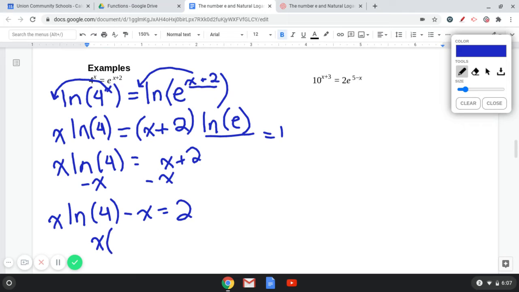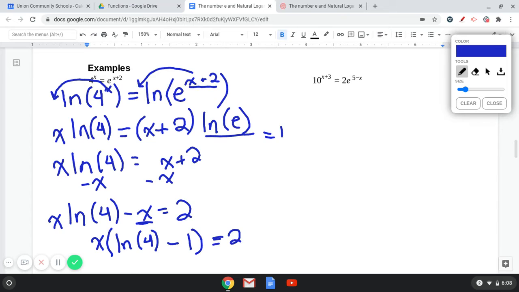So if I factor an x out of this first term, I'm left with the natural log of 4. Remember that factoring is just the opposite of distributing. So instead of multiplying by x, we're taking an x out of things. The second term, all we have is an x, so all we're left with is a minus 1. And think this through. We factor this x out, so if I multiply this x back in, I should get what we had in the line above, which is true. So we're good.